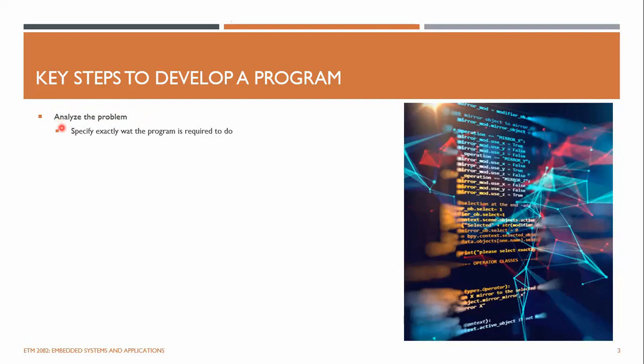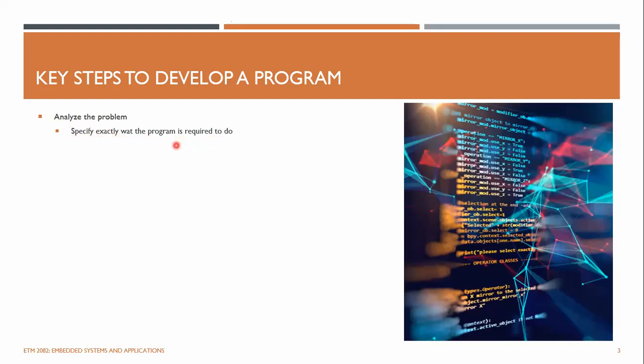But if you figure out this is the right way of using an embedded system for this problem, then you have to design a program for that, right? So you have to have a clear idea what your problem is. Without knowing your problem, you can't find a solution. So you have to analyze the problem and specify exactly what the program is required to do.